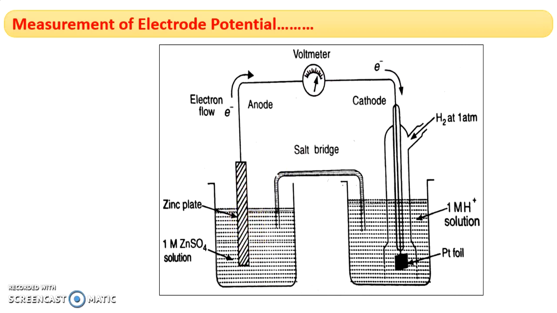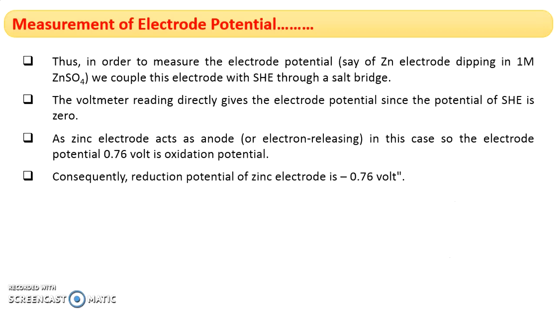So now the voltmeter will give 0.76 volts. It is the potential difference. As the potential of the standard hydrogen electrode is 0, it is the oxidation potential of the sample electrode.